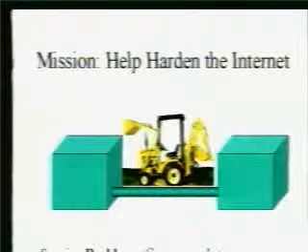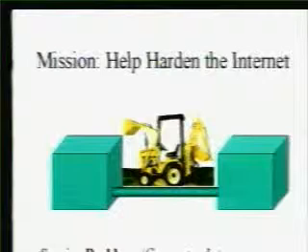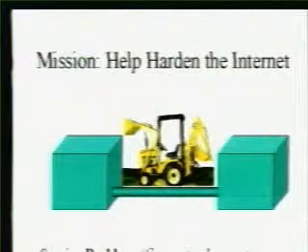And there's not a whole lot, as your T-shirt shows, that we can do about the backhoes, except maybe give them rubber shovels or ban them somehow. We can't do much about the links. But what we can do is focus all of our attention on making the physical facilities for the internet a whole lot more robust. So that's really what our mission is, to try and help harden the internet.